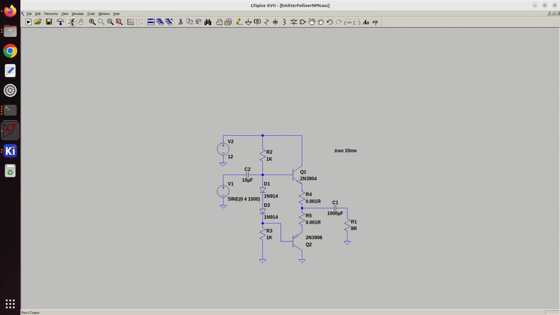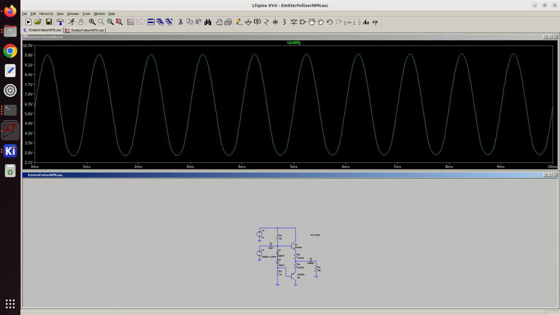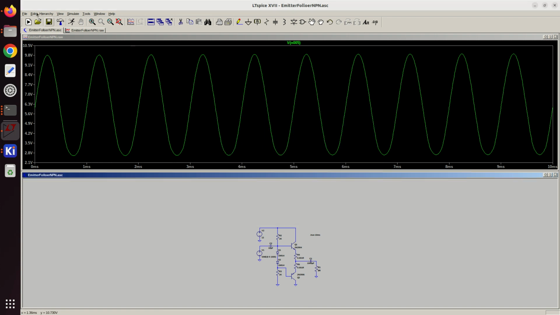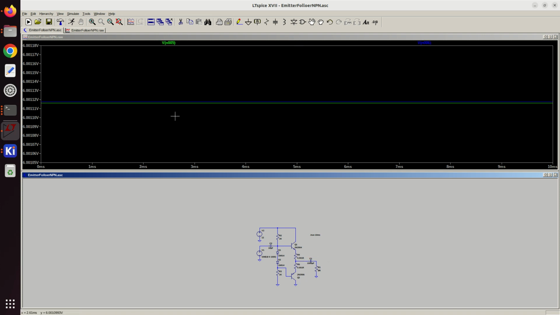So let's save this and run a simulation on it. So we'll just look at this point here first. And that's varying because of the, let's set this to 0 so we can look at our DC analysis first. So that's close enough to 6 volts. Let's look at here, pretty much the same.